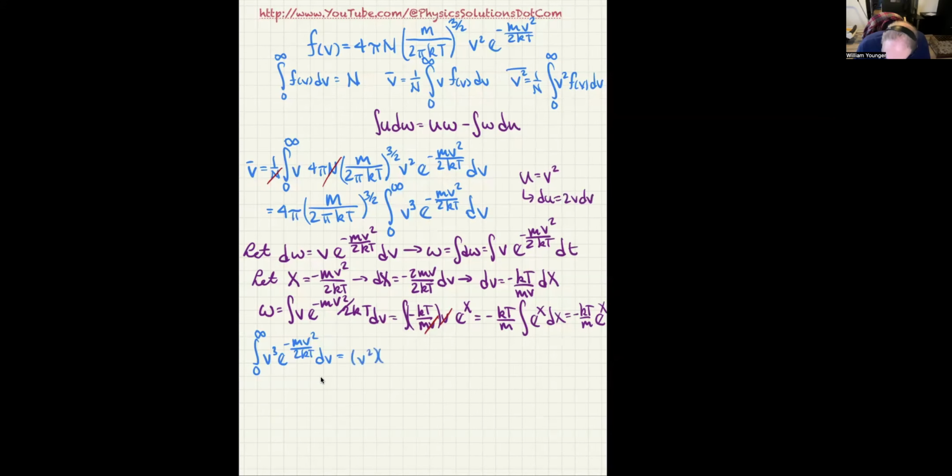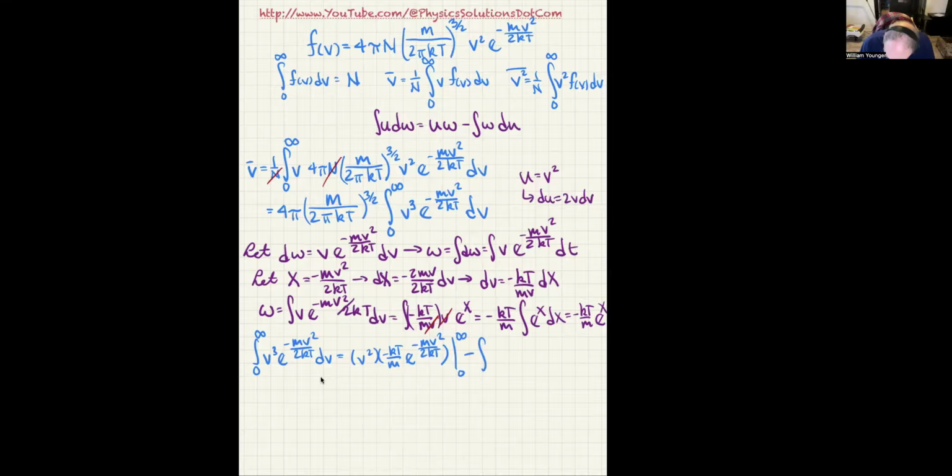My omega is negative kt over m times e to the negative mv squared over 2kt. That has to be evaluated from 0 to infinity. Now it's minus the integral of omega du.